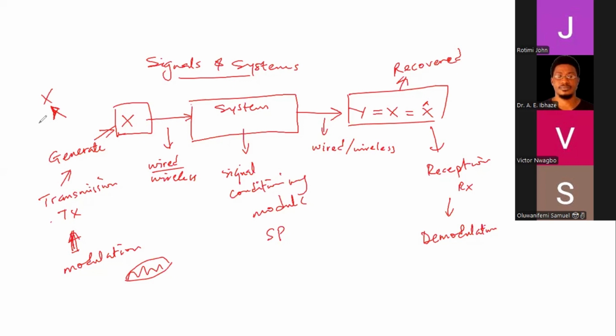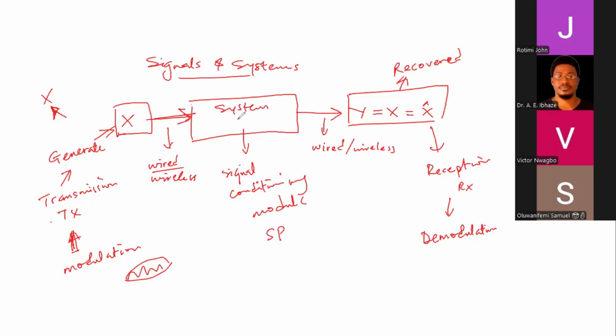But the idea is this: we could leave this signal at the point where it is generated without transmitting it. It remains here. I have so many things in my head right now that I would love to pass across, but I can equally decide not to. So those are signals, really. But should I let it out, then it's going to go through a system that will process it.